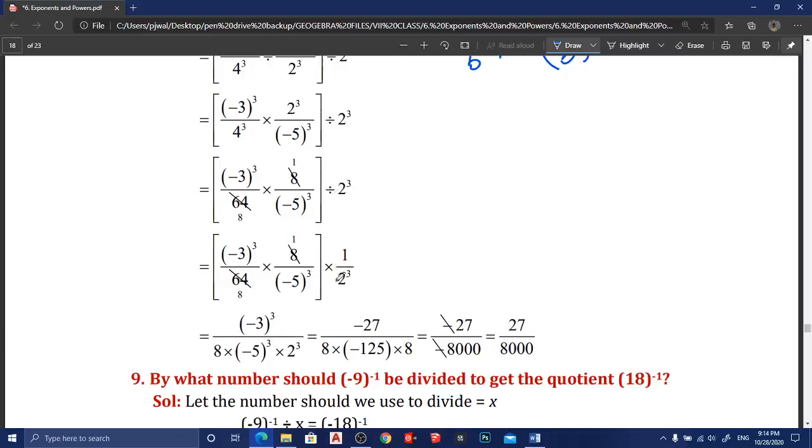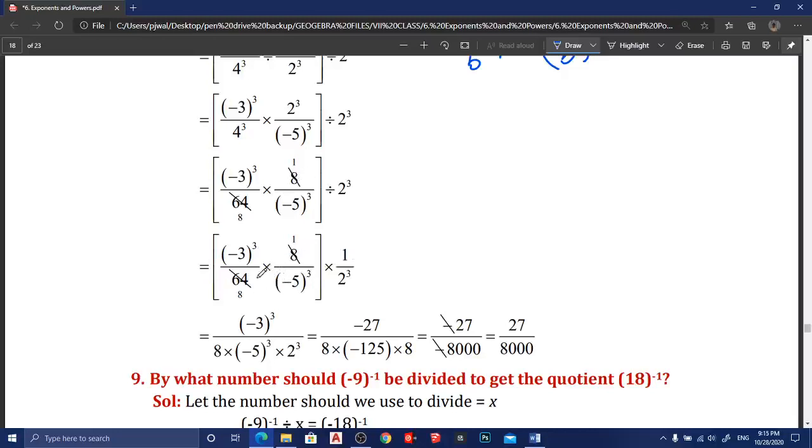Now I am writing this division again as multiplication. To perform this division, I am converting it as multiplication. So taking the reciprocal of the second fraction, converting this as multiplication, into 1 by 2 cube. Now I have already shown in the above step.